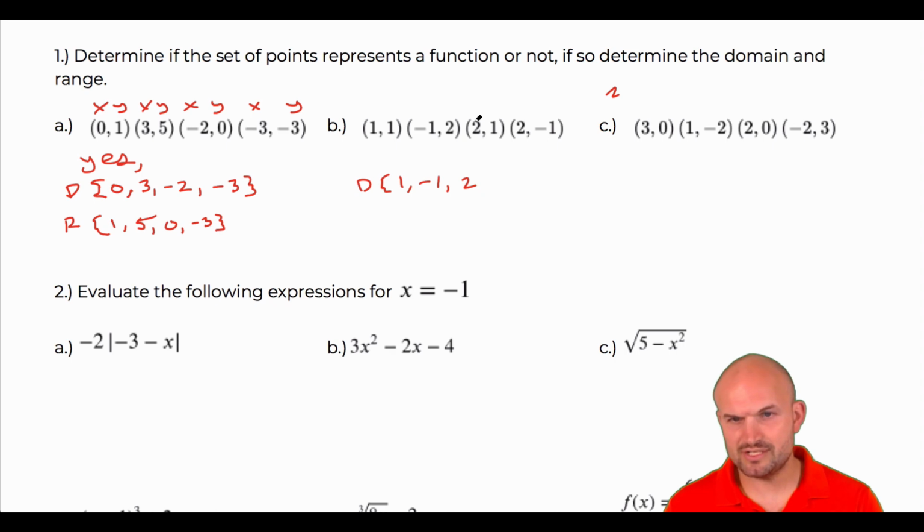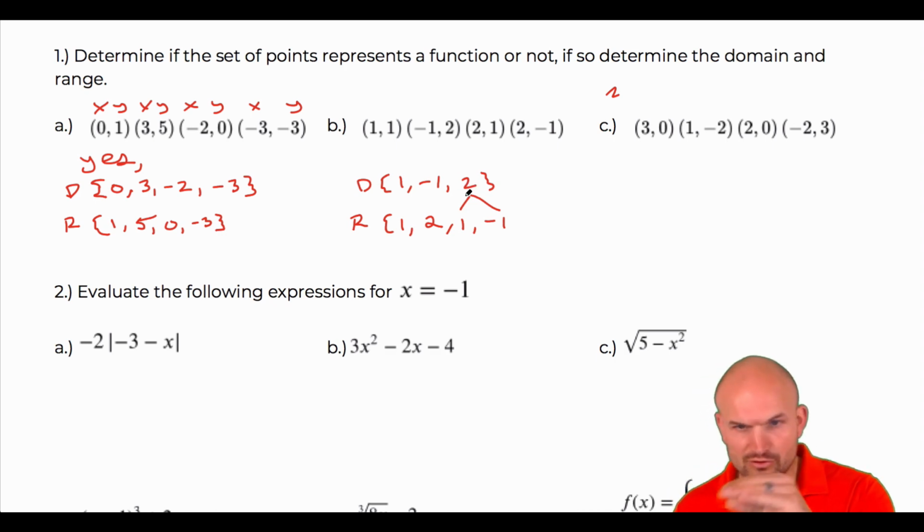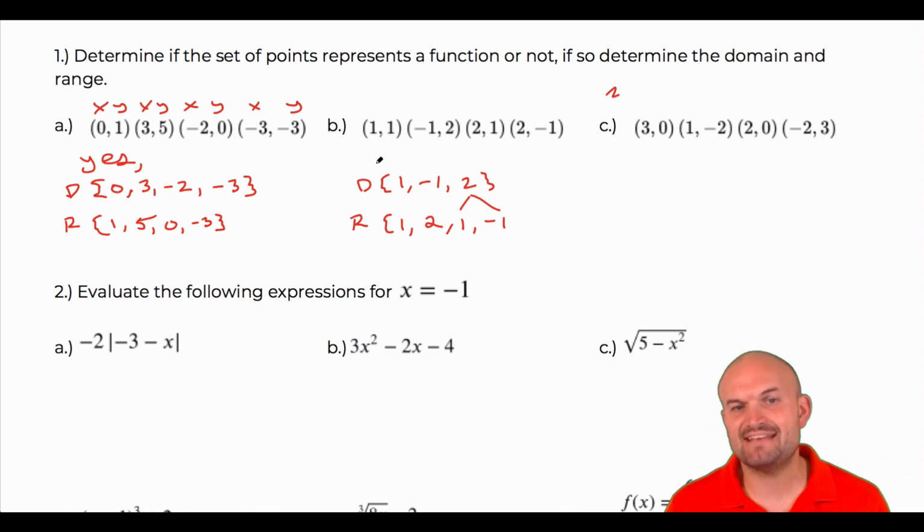That's interesting because 2 goes to 1 and 2 goes to -1. Well, that doesn't work. That goes against our definition of domain and range here, because 1 maps to 1, -1 maps to 2, but 2 maps to 1 and -2. So you can see that when a value from the domain goes to two different y values, it's not a function.